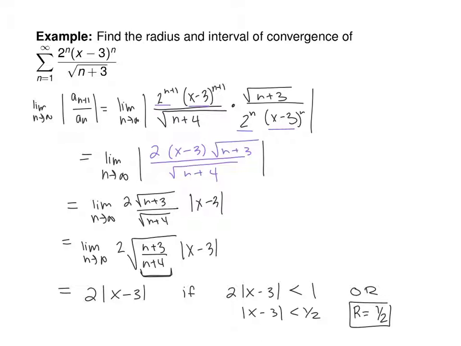Now we just need to figure out what the endpoints are and test for convergence or divergence at those endpoints. So knowing that the absolute value of x minus 3 has to be less than a half, that implies that negative 1/2 is less than x minus 3, which is less than a half.